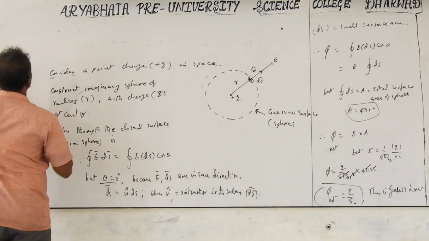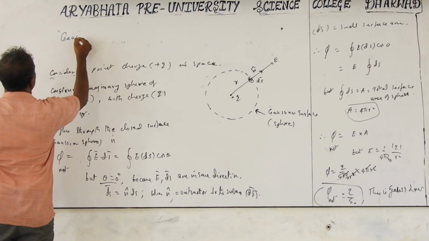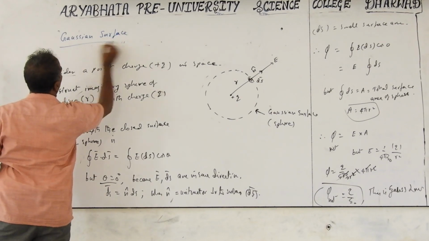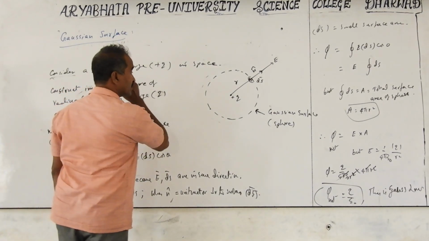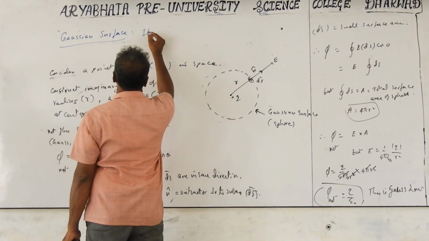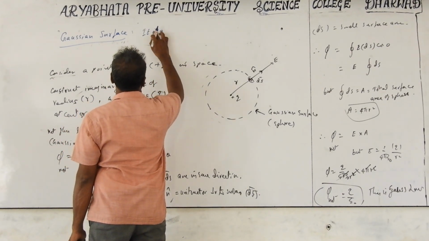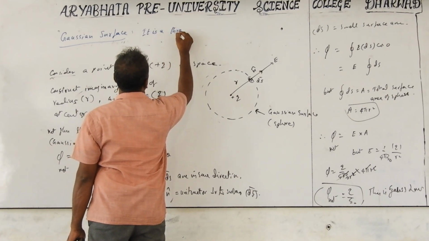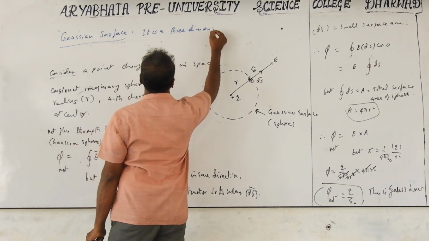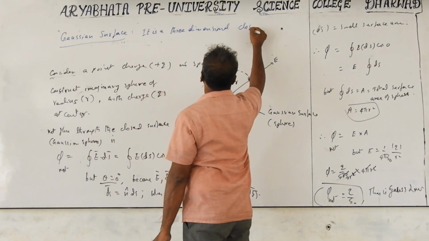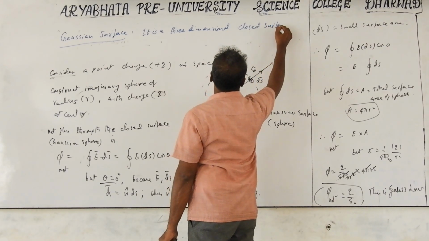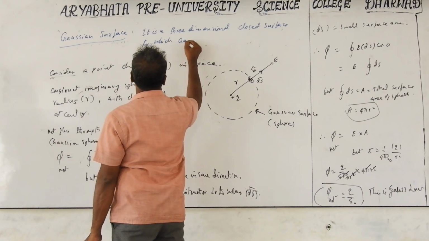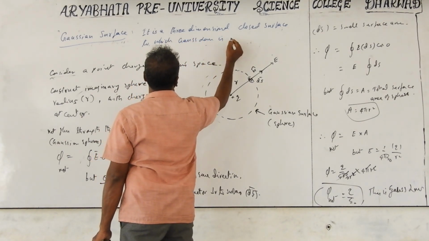Gaussian surface. Definition, one more question. First, it is a three-dimensional closed surface to which Gauss law is applied.